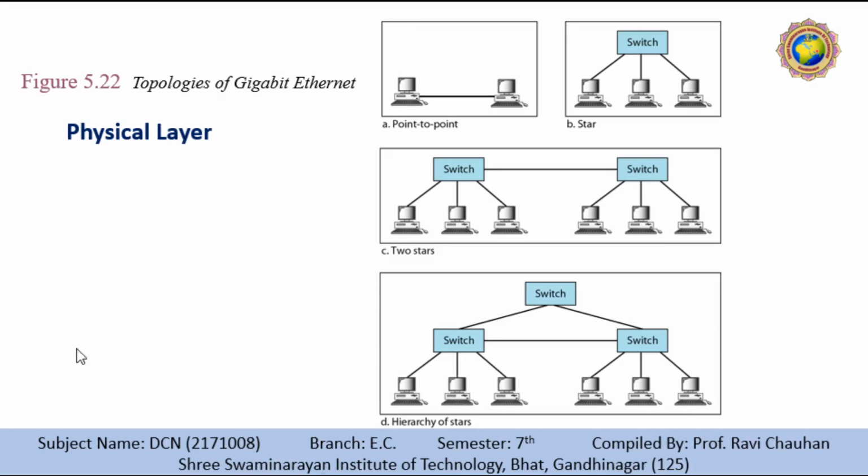So, what is the physical layer in gigabit Ethernet? The physical layer in gigabit Ethernet is more complicated than in standard or fast Ethernet. So, what are the topologies used in gigabit Ethernet? We can see in this figure. Gigabit Ethernet is designed to connect two or more stations.